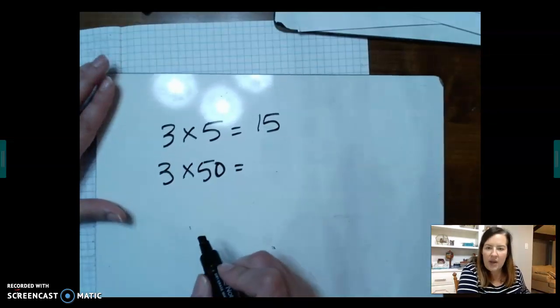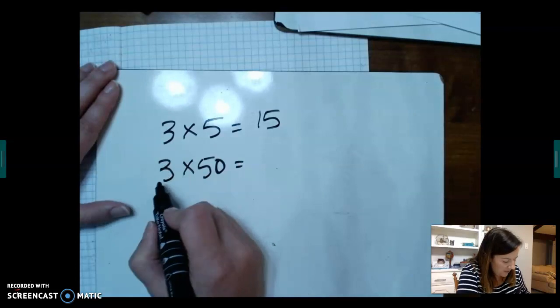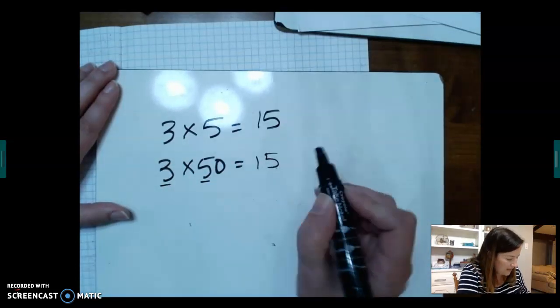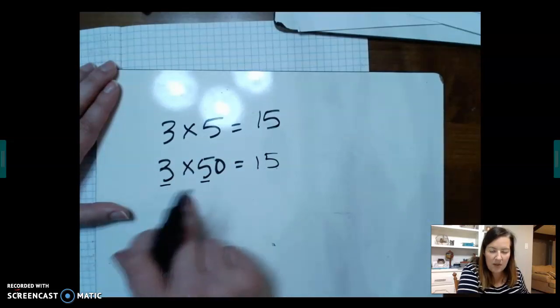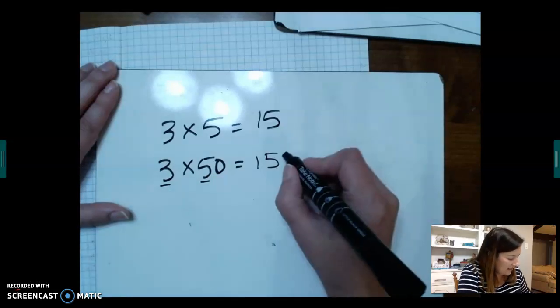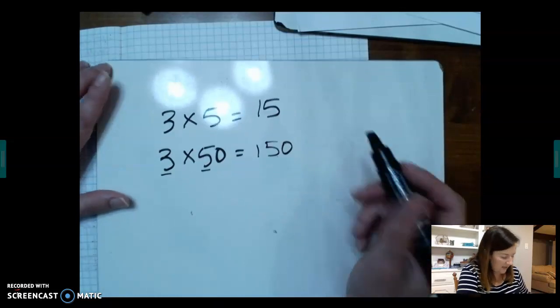Now here's a little trick. If I just ignore the 0 for now and just focus on 3 times 5, I know was 15. All you have to do is then count how many zeros you have in the equation. So look, here's 1 0. I need to add an extra 0. So 3 times 50 is 150.